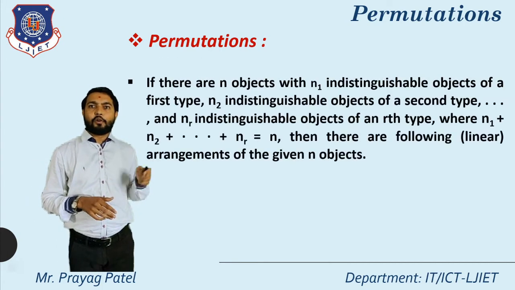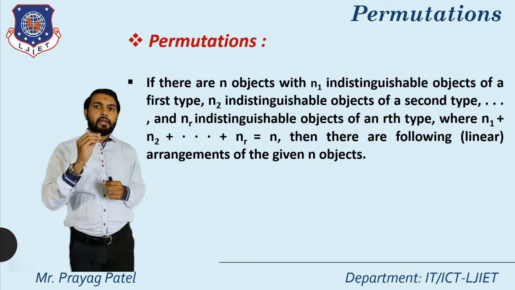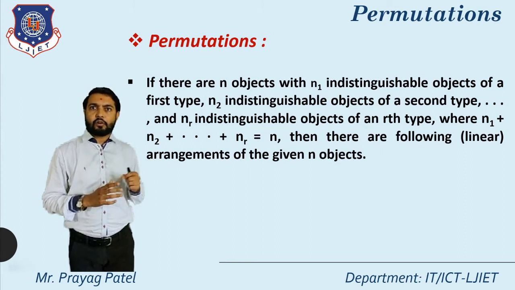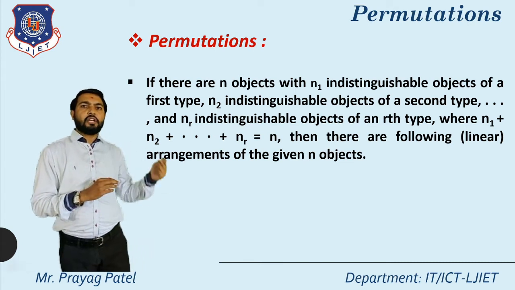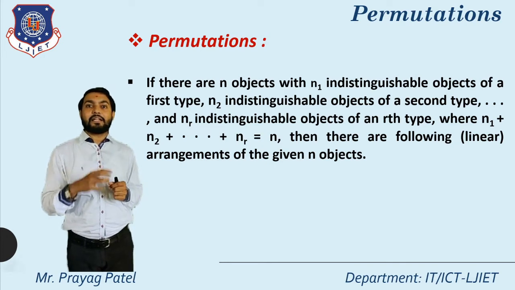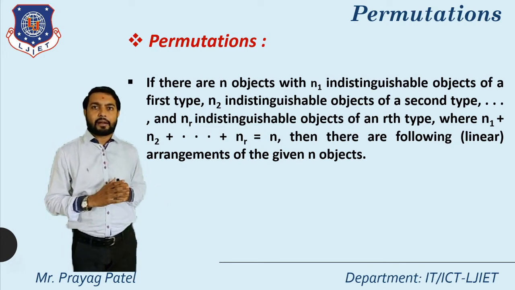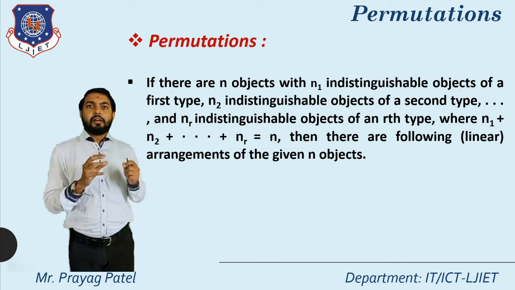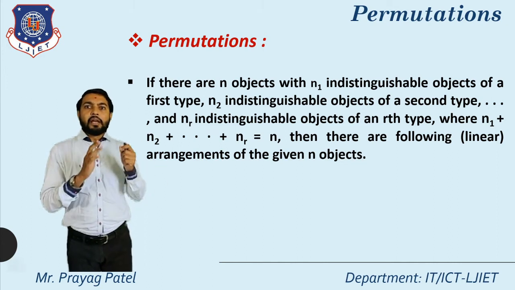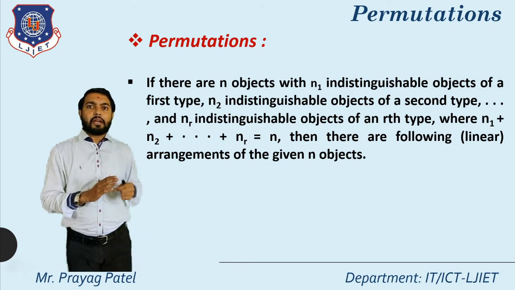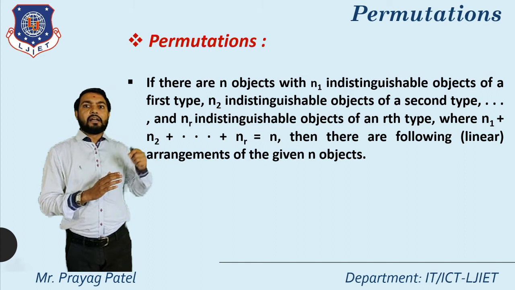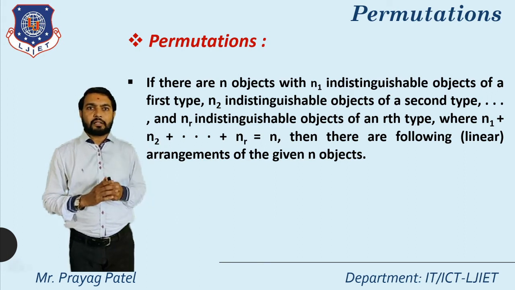Now the common formula for this is: if there are n objects with n1 indistinguishable objects of the first type, n2 indistinguishable objects of the second type, and so on up to nr, so here the repeated elements are considered as n1, n2, n3 up to nr. That means n1 is the indistinguishable, repeated element of the first object, n2 is the repeated element of the second object, and nr is the repeated element of the rth object.